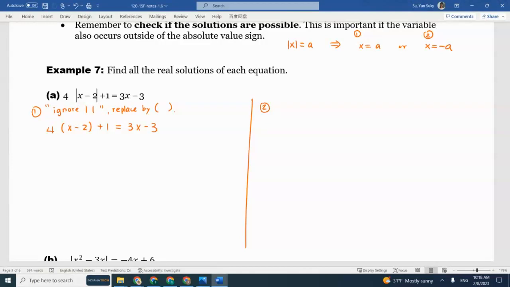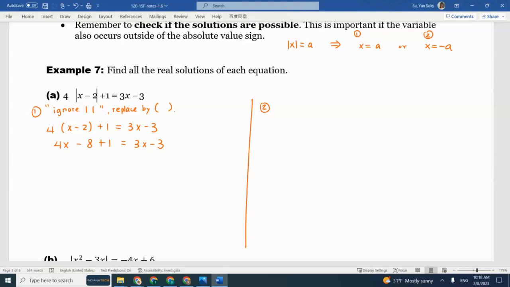Just break the absolute value, just ignore it, replace it by the parentheses, and then solve for x. Do you see? We can distribute the 4, right? We get 4 times x is 4x. 4 times negative 2 is negative 8. And plus 1 equals 3x minus 3.